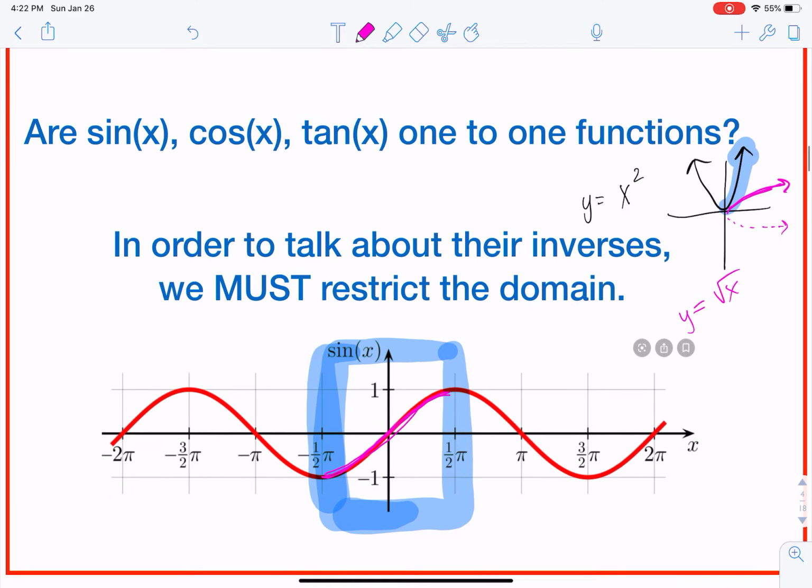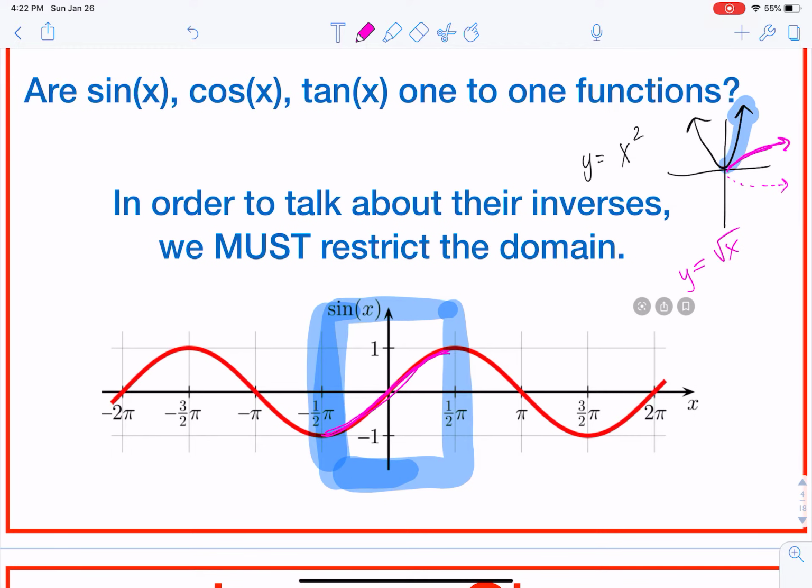The other thing is when we talk about the domain and the range of these inverse functions, remember as we flip-flop the x and y values, my domain and my range are also flip-flopped. So if this is regular sine of x, my domain, let's say, is from negative pi over 2 to pi over 2, and my range is from negative 1 to 1.